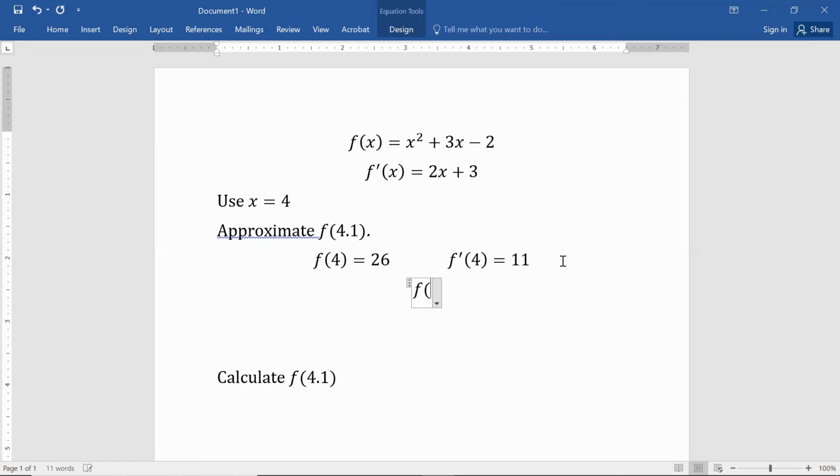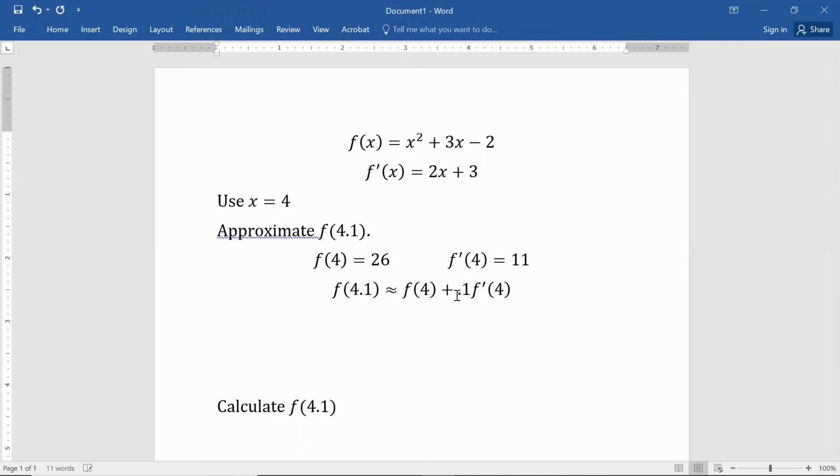So let's say we want to approximate f of 4.1. Just as we did last time, let's think of this as taking f of 4, plus 0.1 times the derivative of f at 4.